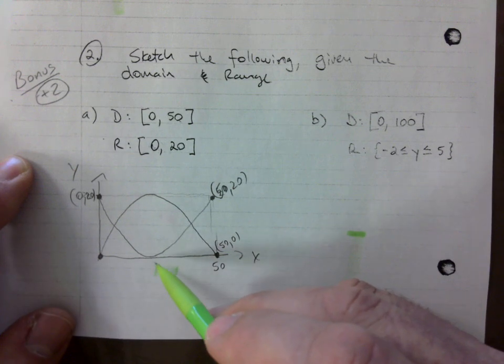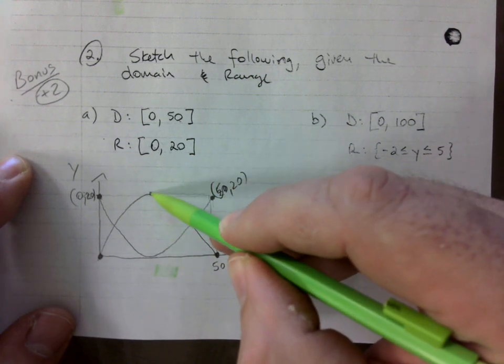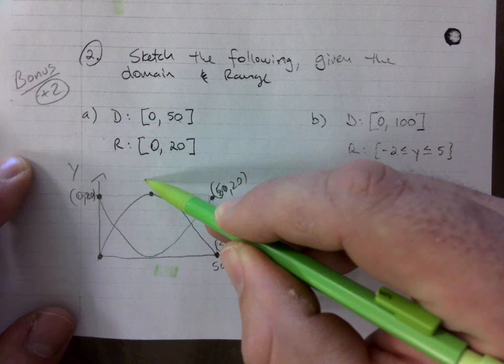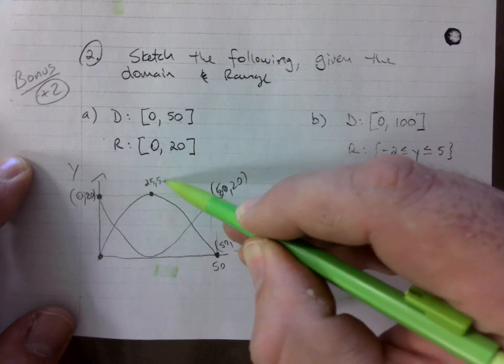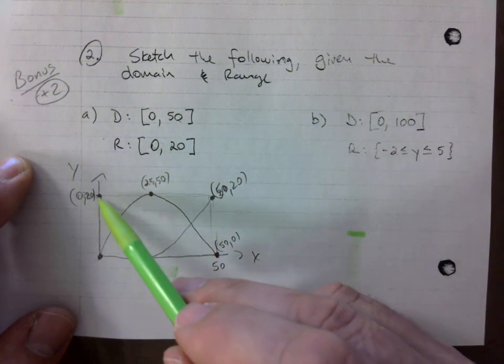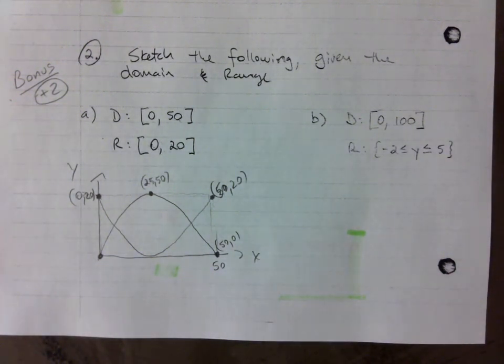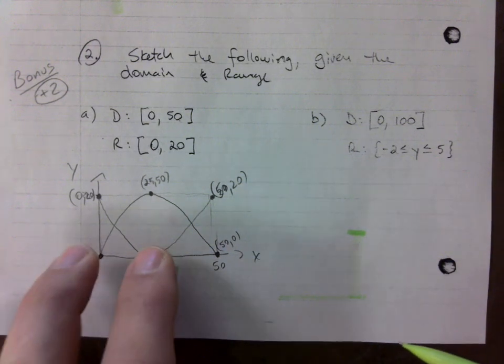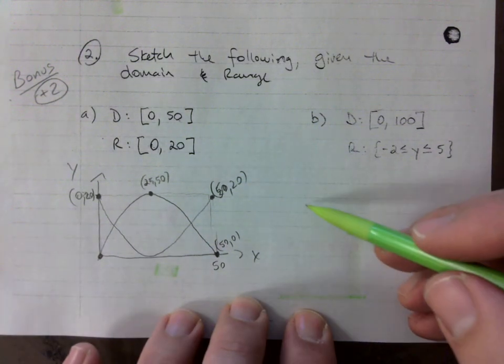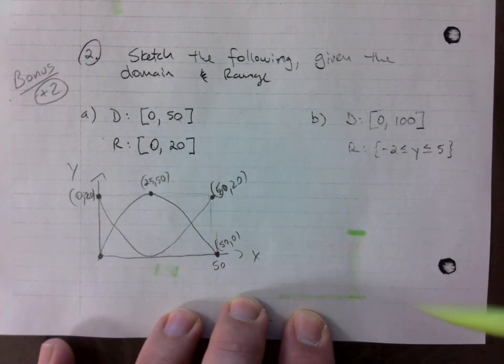And that's really all I would need. And if you use the vertex here, just call it something, right? 25, 50. To be quite honest, if you give me some sort of indication along the x-axis that that is your scale, then I'm fine, okay? So 1 mark, 1 bonus mark if you got that right. If you got it wrong, it's not going to affect you at all.